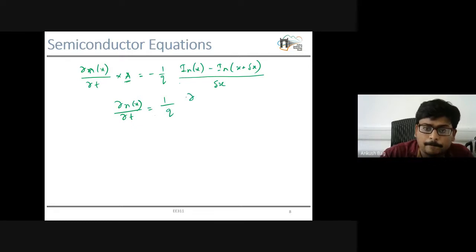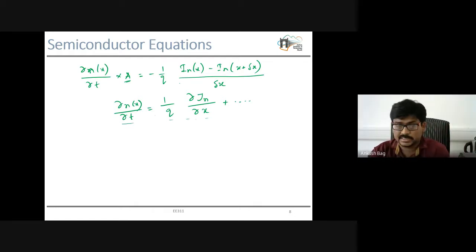If we consider the going out current is higher, then this negative term will go away. So now we can write in terms of current density, del J_n by del x plus something. These are the first few terms we can see.